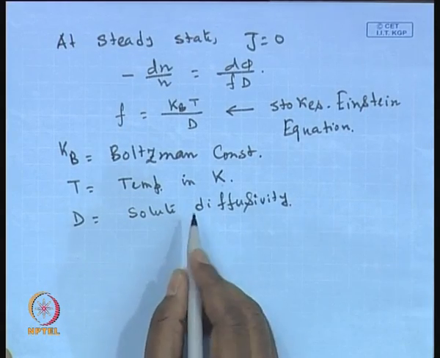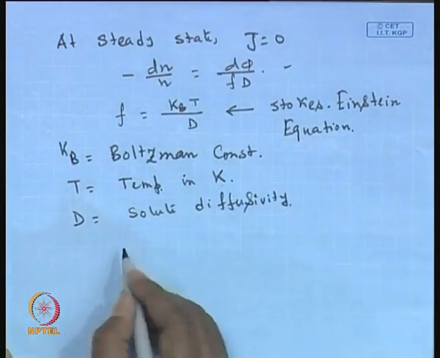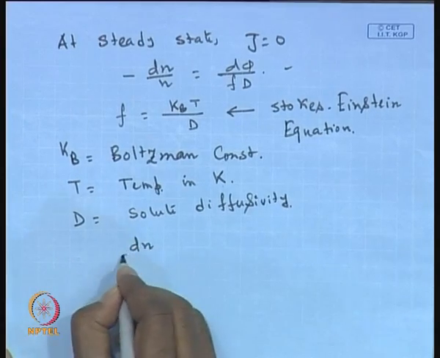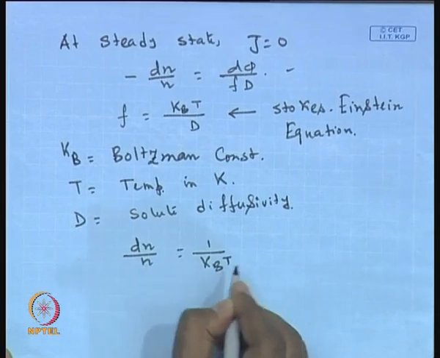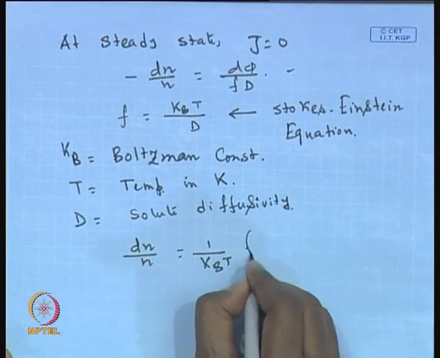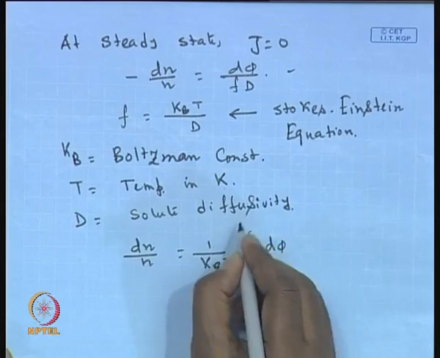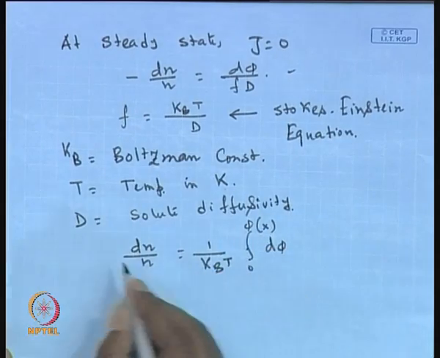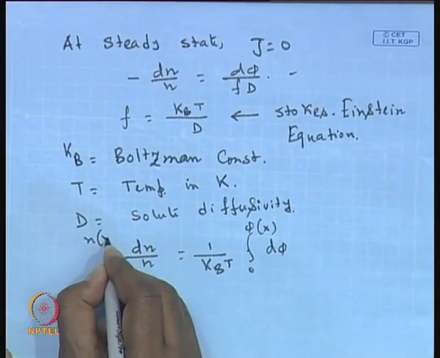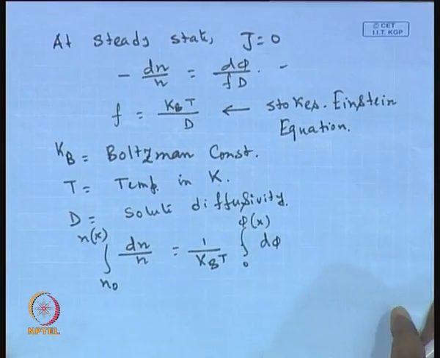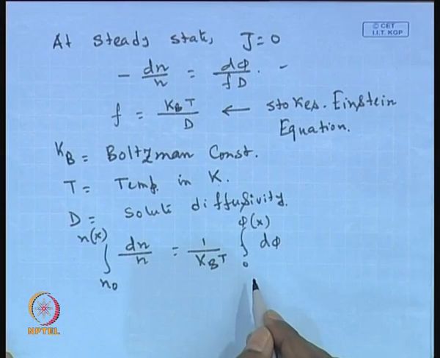Okay. So, one can integrate this equation. If you integrate that equation, what you will get is something like this: dn by n is equal to 1 by kBT d phi, from 0 to phi at any x location, and this from n0 to n at any x location. Now, the implication of the boundary condition is very important.